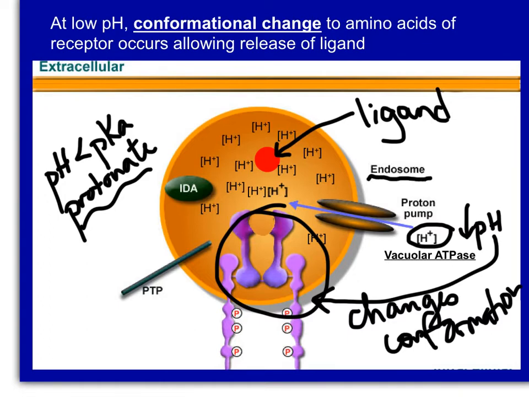What do you think the ultimate destination might be for that ligand? Well, if it's a hormone, you might think that that hormone is going to end up getting passed down through the early endosome, late endosome to a lysosome where it gets degraded. Okay, what happens to the receptor? Well, sometimes the receptor actually will get placed into a recycling endosome and sent back out to the plasma membrane to do this function again.